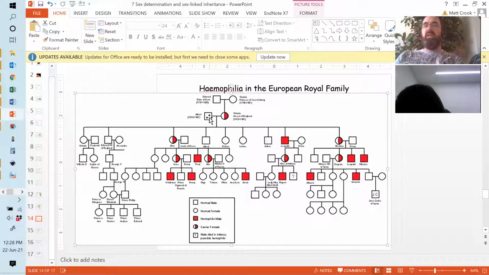And so you can see here, obviously, Edward VII didn't get the recessive allele. It's actually a blood clotting factor that activates thrombin in your blood, which results in forming a mesh over wounds, which stops blood leaking out. We know that Edward VII didn't have that allele because he was not hemophiliac.